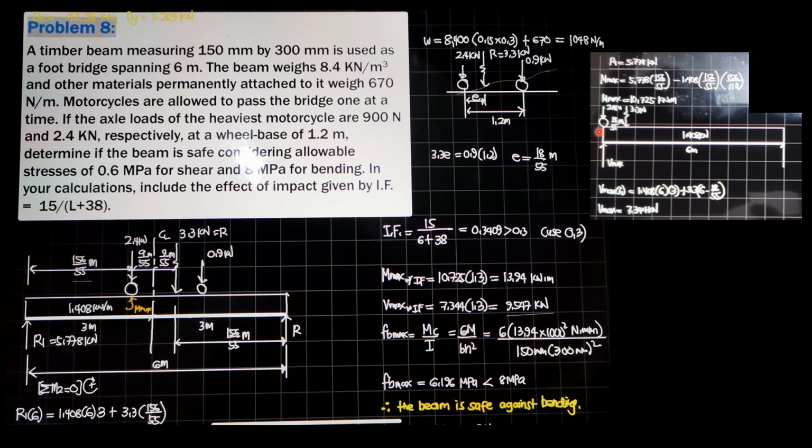While the maximum shear is this reaction here, and that happens when the heavier load is over the support. So remember, this is the resultant 3.3, and the distance from the heavier load is equal to 18 over 55. So therefore, summation of moments about the right support equals 0. Vmax times 6 equals 1.408 times 6 times 3 for the load.